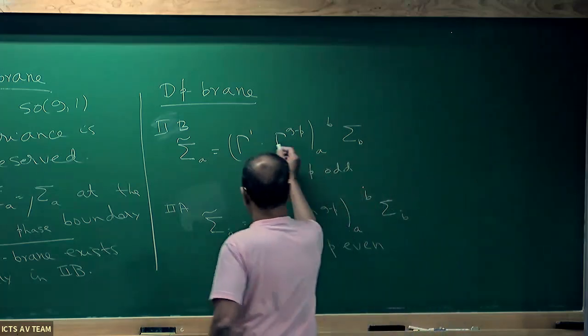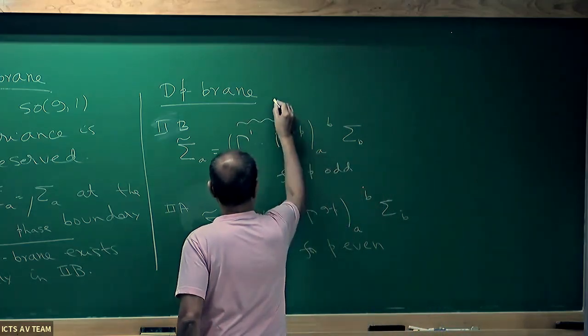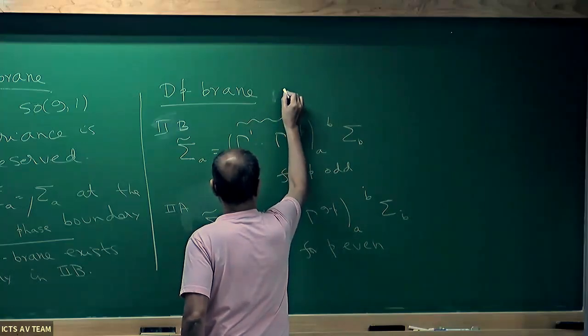So these are gamma matrices in transverse directions.